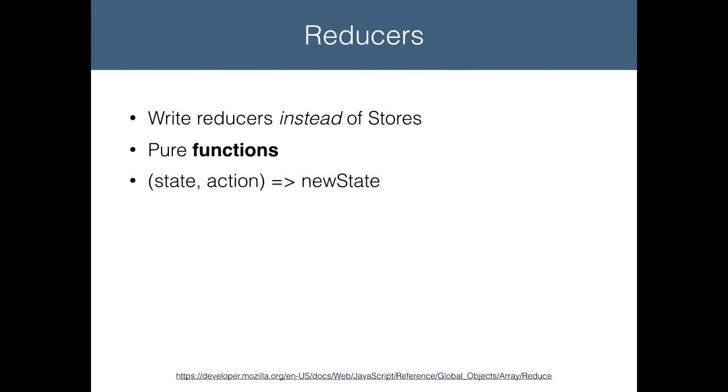But then we go into reducers, which is the new concept in Redux. Essentially, if you're used to a different Flux framework, you will write reducers instead of stores. Where you previously had stores, you will now write reducers. They're basically stores without all the cruft, without the state and all the other things that stores traditionally have. Instead, reducers are just pure functions, meaning they don't keep any state and don't hold on to anything.